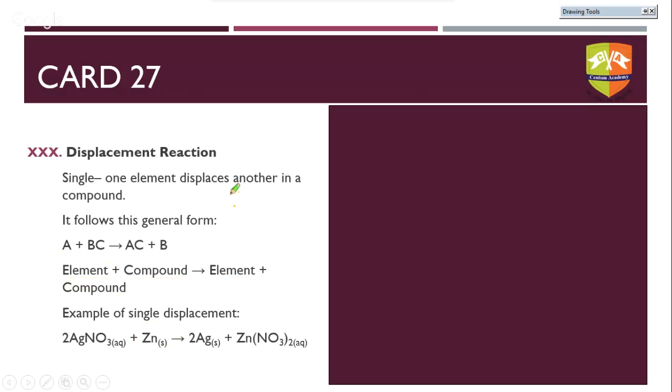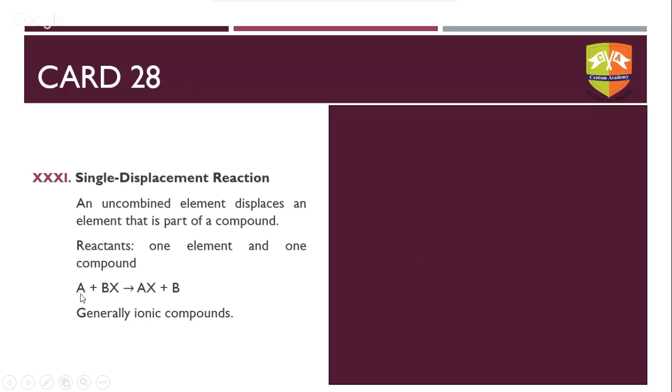For example, in the same displacement reaction, when we have single displacement reaction, we have A plus BX giving AX plus B. One element and one compound are basically exchanging one more element type. Now, most of these are generally ionic compounds. That's a very important thing that we need to really look at, that most of them are of the ionic form. Now, let's look at some more examples.